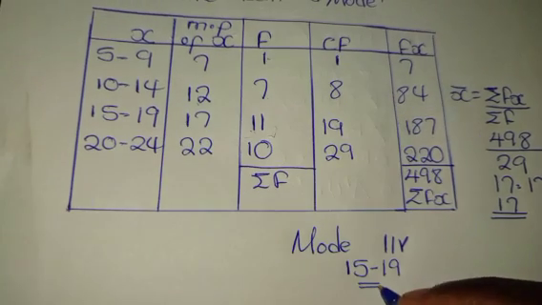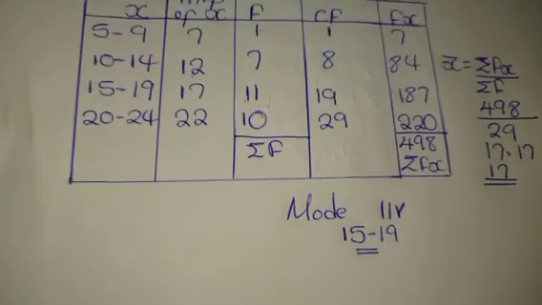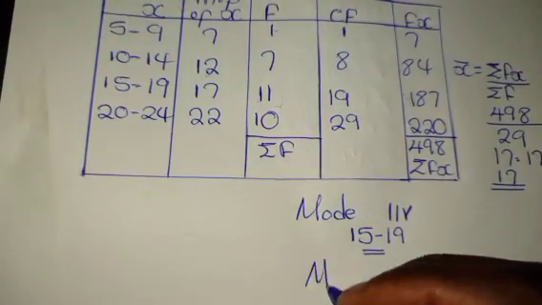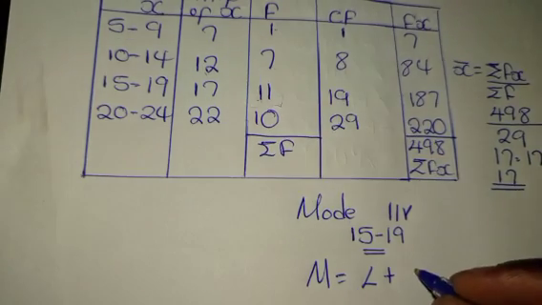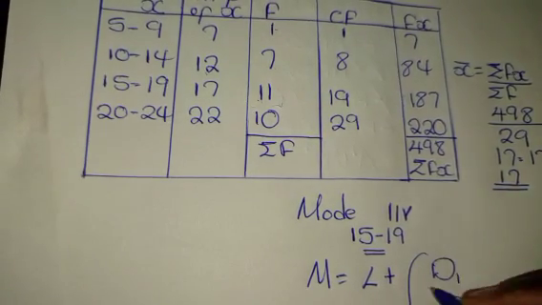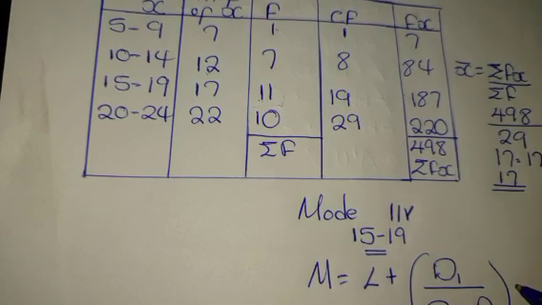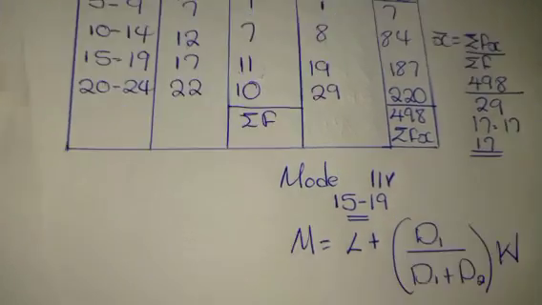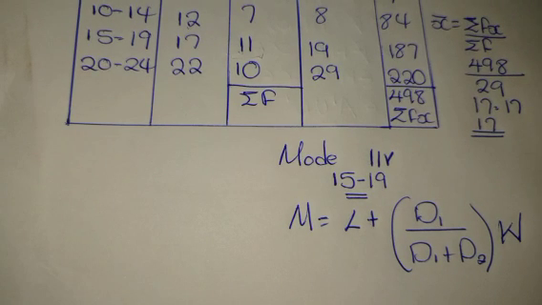But within 15 to 19, we need to check which number was appearing most times. So the mode is given by the lower boundary of the class plus d1 over d1 plus d2, multiplied by the width. This is the formula that we will always be using when we are told to calculate the mode.